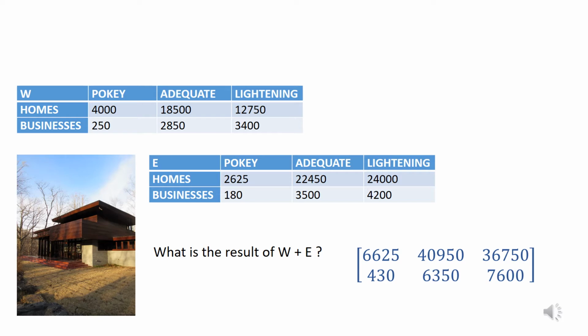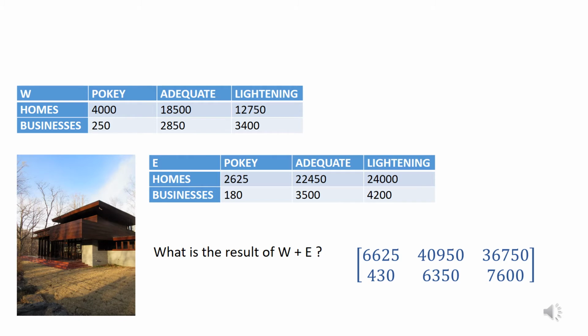The 250 businesses choosing pokey added to the 180 businesses choosing pokey. That is a total of 430 businesses between East and West choosing pokey. And if I add the 2,850 to 3,500, I get 6,350. And lastly, 3,400 added to 4,200 gives me 7,600.